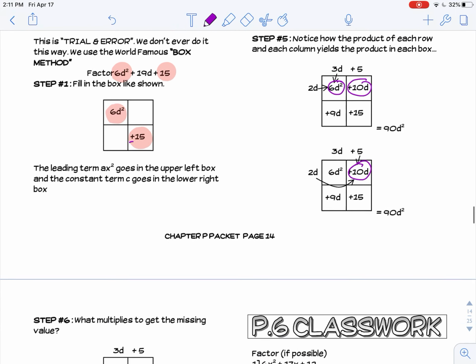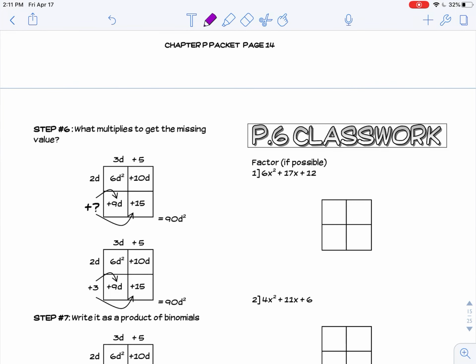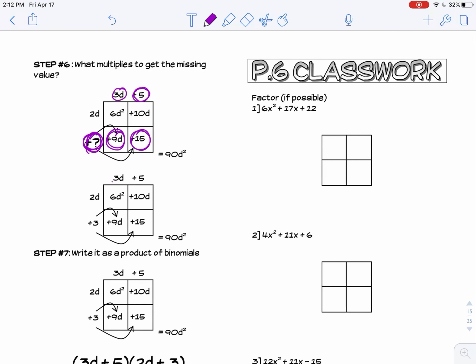Now, in order to get the bottom left, we have to figure 3d times what here will give us 9d, and 5 times whatever here should give us 15. If we look here, 3d times 3 is 9d. 5 times 3 is 15.